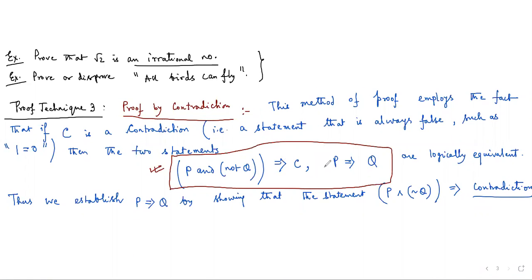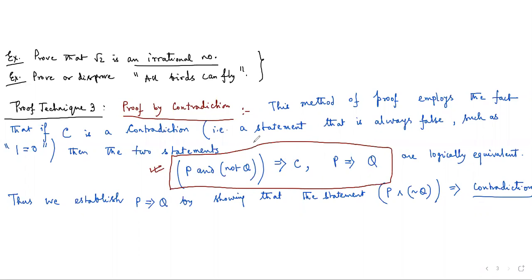So we want to show that if we consider this hypothesis and the negation of the conclusion together, then together they imply something which we can call a contradiction.